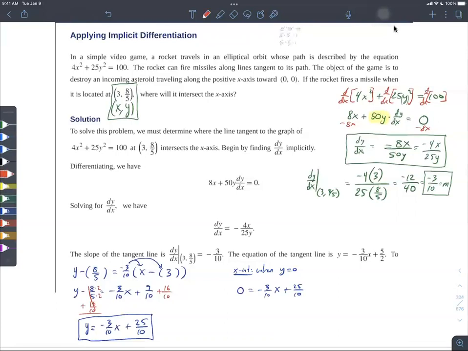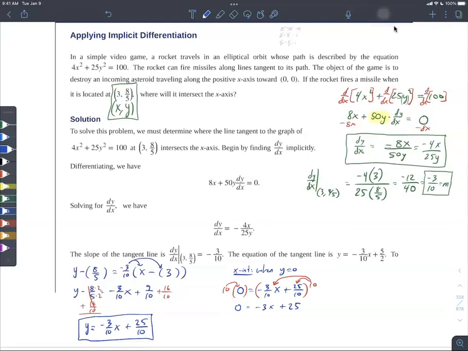We can multiply both sides of this equation by 10. The reason that we do that is because 10 times 0 is just 0. But when we distribute a 10 here, the denominator is going to cancel, leaving us with no fractions. So 0 equals negative 3x plus 25.